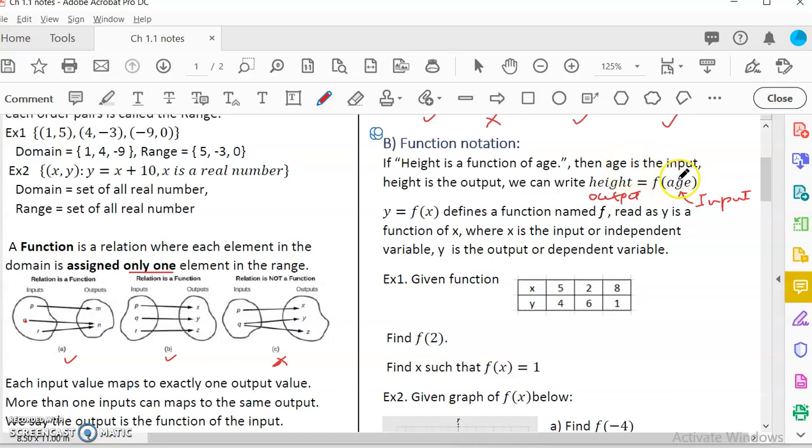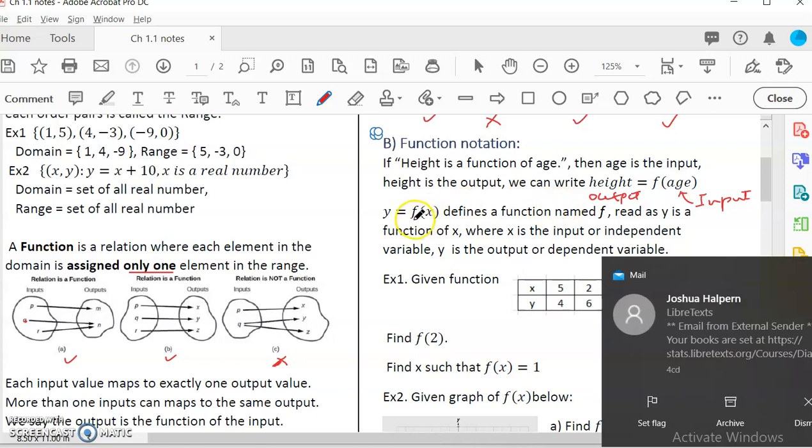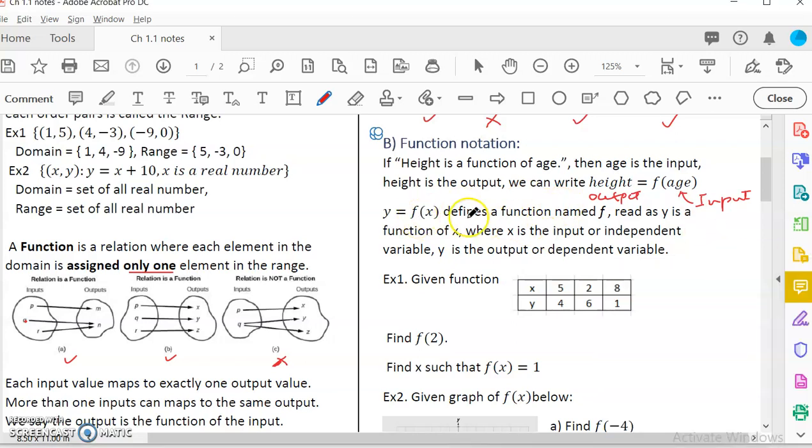So remember, f of x does not mean multiplication. y equal to f of x implies you're defining a name of a function called f, and you read it as y equal to f of x. x is the input and y is the output. And we would say this is a function f, y as a function of x.